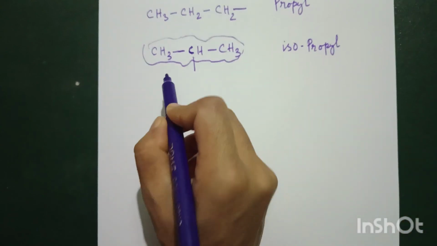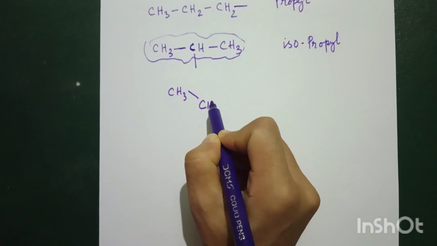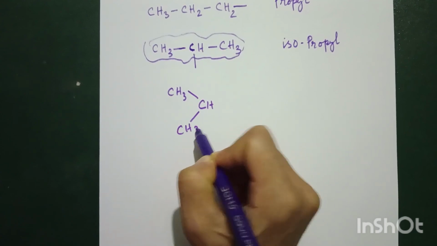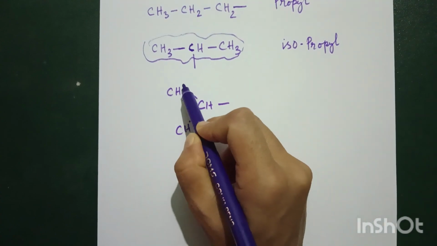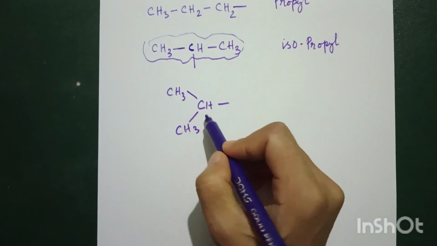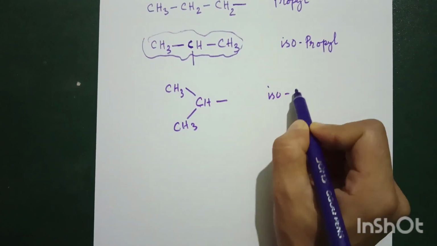In books sometimes there will be a change in the structure, like CH3, CH, CH3. So you have to keep in mind the meaning of iso: carbon connected to 2 methyl groups directly. This is carbon connected to methyl groups, so this is also iso.